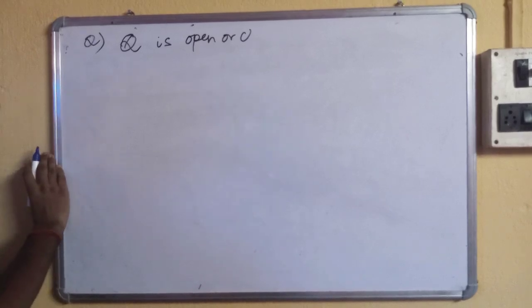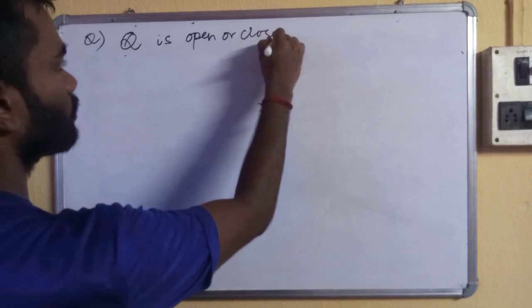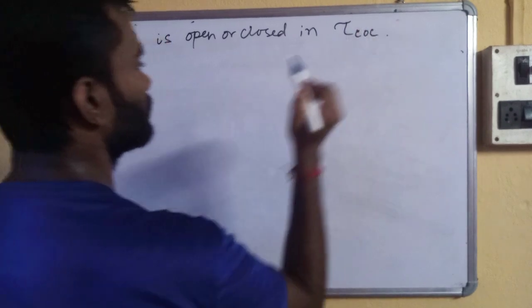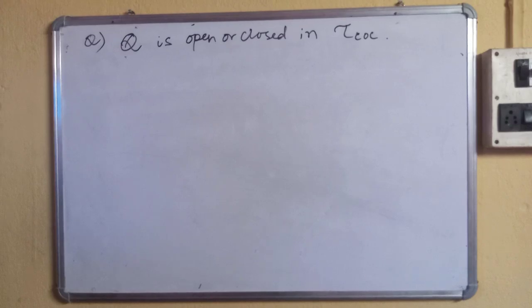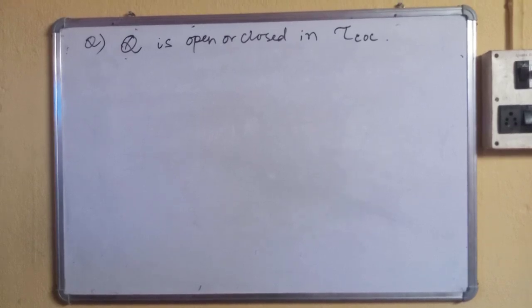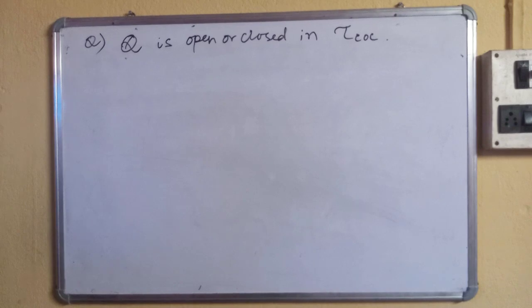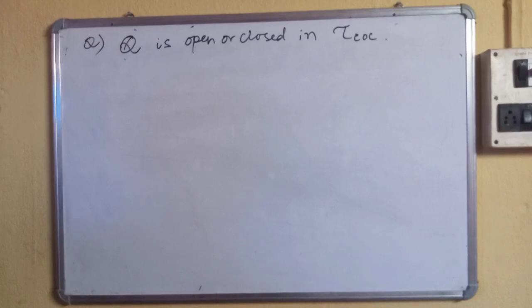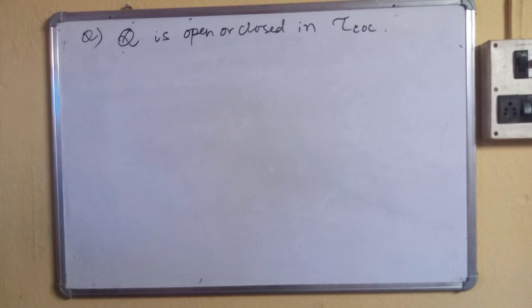Now, suppose you have a question: is the set of rational numbers Q open or closed in co-countable topology? We know tau coc is said to be co-countable topology, where tau coc is the collection of subsets of A if A complement is either countable or whole of x.